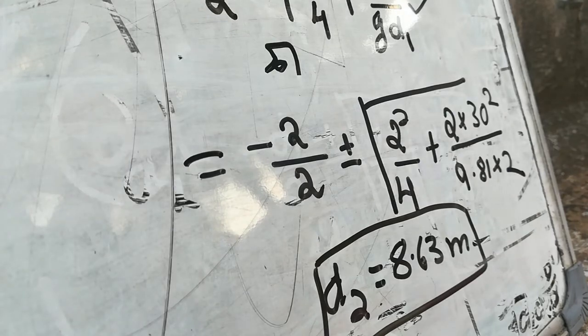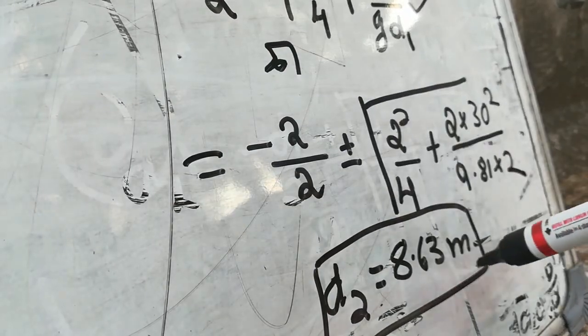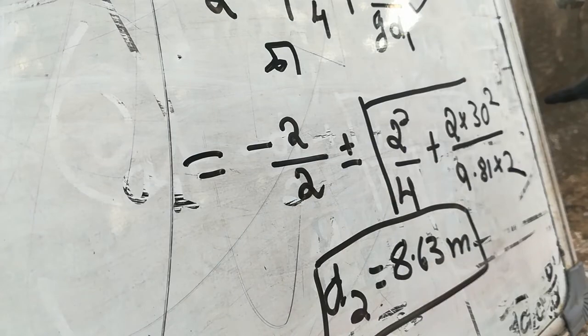So how can we calculate the energy loss? How can we get this in meter? Here I can tell you how we got this value.